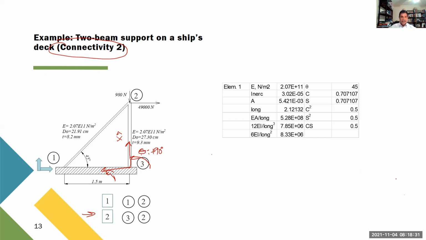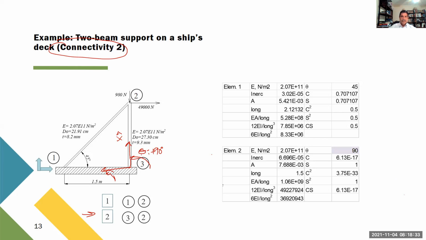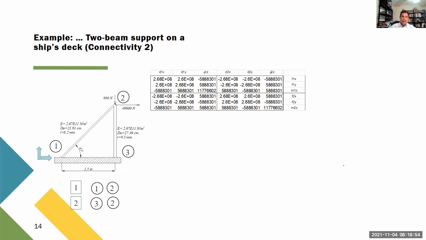Element 1 doesn't change. Element 2 changes. You see here that I'm showing that this is plus 90, as we explained in here. So the sign changes. The sign is now plus 1 here. The cosine is again 0. That's the element 1 matrix.